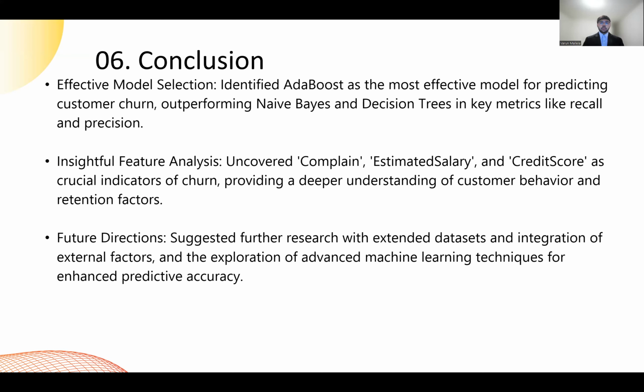AdaBoost was my best model. So I used that model for hyperparameter tuning and cross-validation, which gave me near perfect results of around 99.9% accuracy. After that, I went for feature importance analysis where I saw that complaint, estimated salary, and credit score were the most important features.